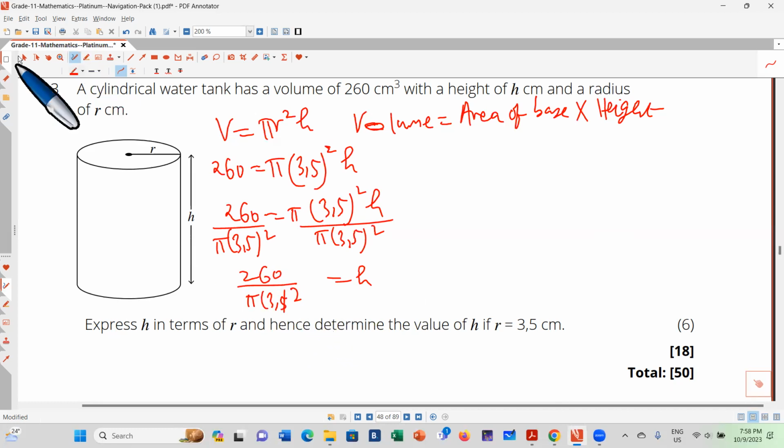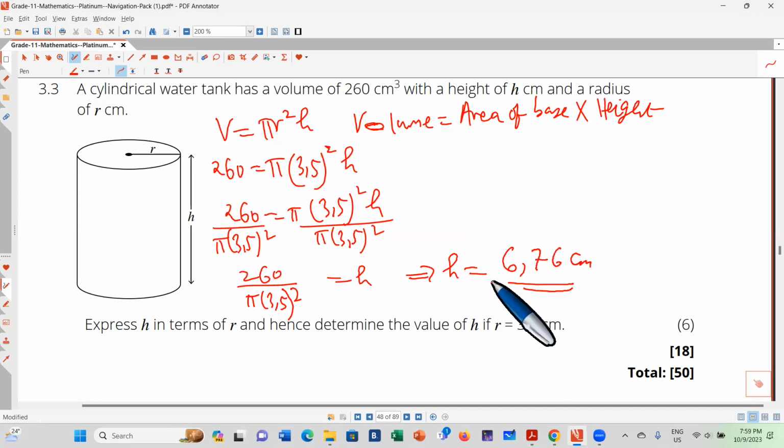We have this. If you divide everything, so you have the 260 divided by that, which is exactly 6,76 centimeters. How close is it to what you got? You got about the same answer.